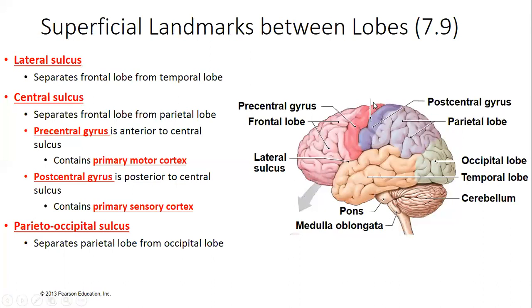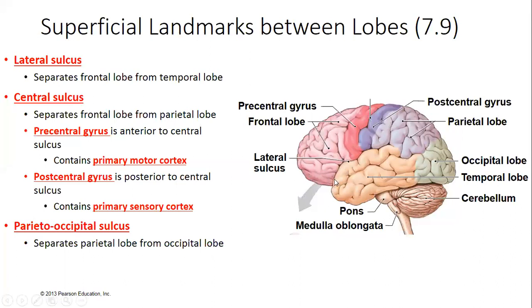The precentral gyrus has a location called the primary motor cortex. So where skeletal muscle is controlled, the integration center and the control center for skeletal muscle contraction, most of it is located right here. Not all of it, but most of it. And that's the primary motor cortex.